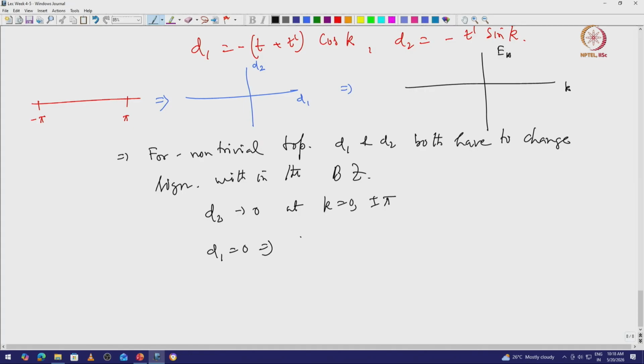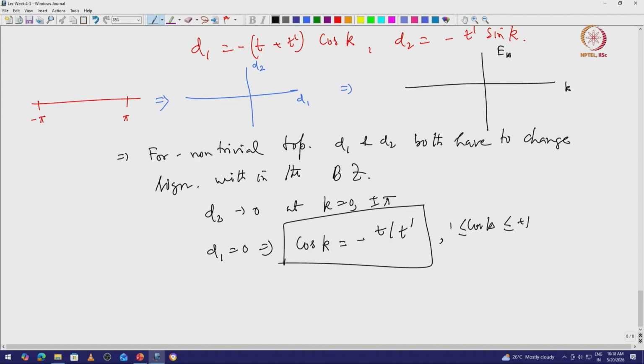It tells us that cosine k equals minus t by t prime, and cosine k varies from minus 1 to plus 1, which means t1 by t2, or t by t prime, in modulus has to be less than or equal to 1.